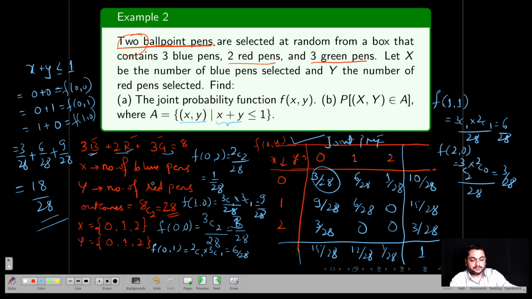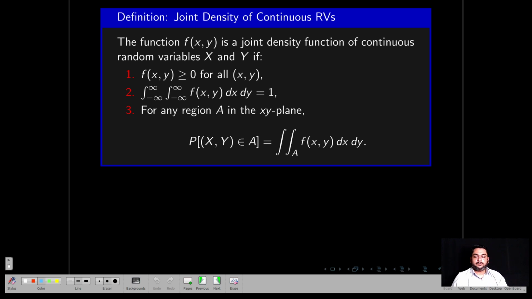I hope you understood this. Next, I will go to the continuous version. So this is simple. Usually discrete cases are a little bit difficult, but for joint density of continuous random variables, usually you directly integrate and you get the answer. So same thing here.